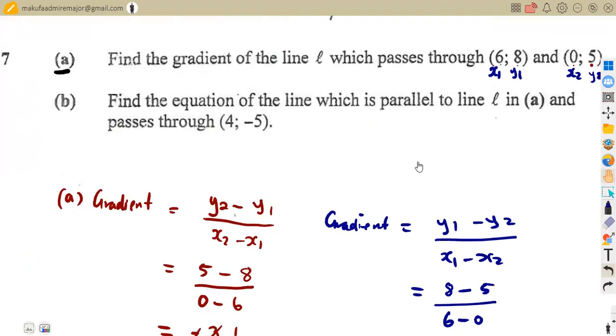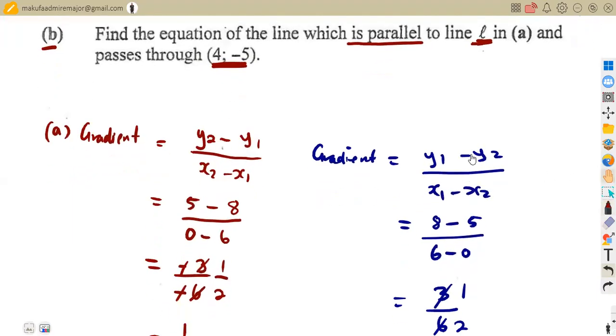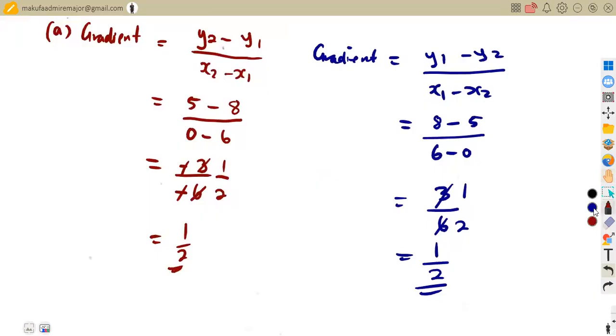All right, then on number B, they are saying find, take note, let's be careful about this one. Find the equation of a line which is parallel to L. Remember, we're talking about line L in the previous part. We calculated its gradient. Now they are saying we are supposed to find the equation of a line that is parallel to L and passes through the point (4, -3).